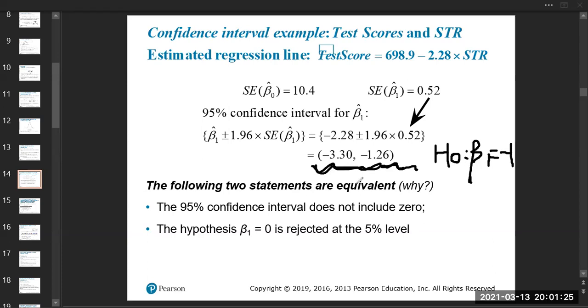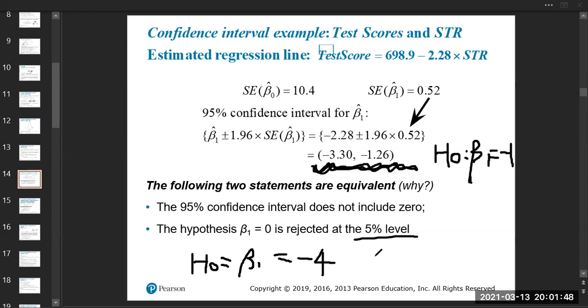Can I test beta 1 equals minus 4, in a two-sided test? Yes, because minus 4 is also not inside this range, so we can reject this at the 5% level.